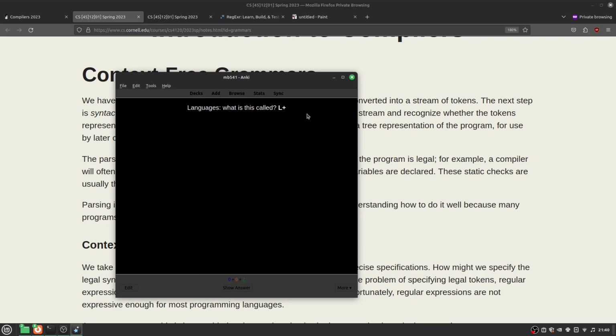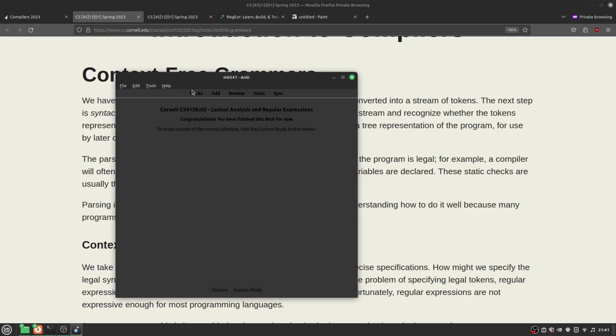That's the positive closure of L, which matches one or more instances of L concatenated together. Good. What does this match? Dot matches, I think that matches any character except the newline character. Yes. Sweet.